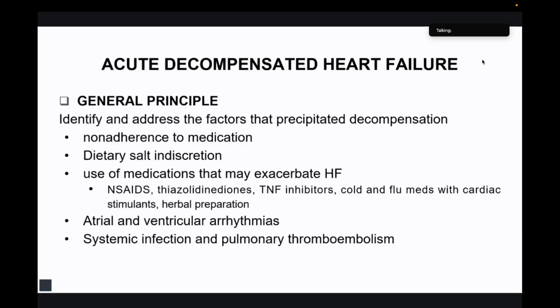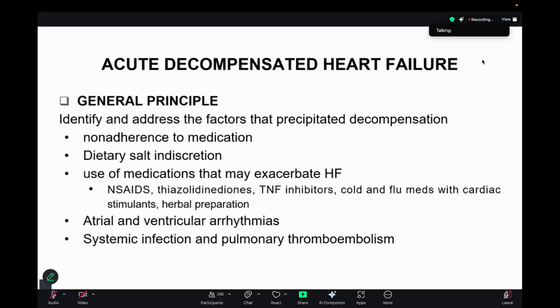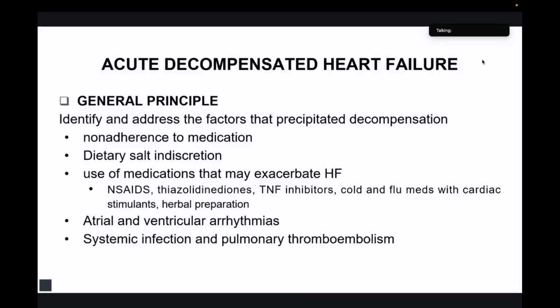Look into history if they've had any atrial or ventricular arrhythmias. Look into if the patient has a systemic infection or the presence of a pulmonary thromboembolism that can cause the acute decompensation.